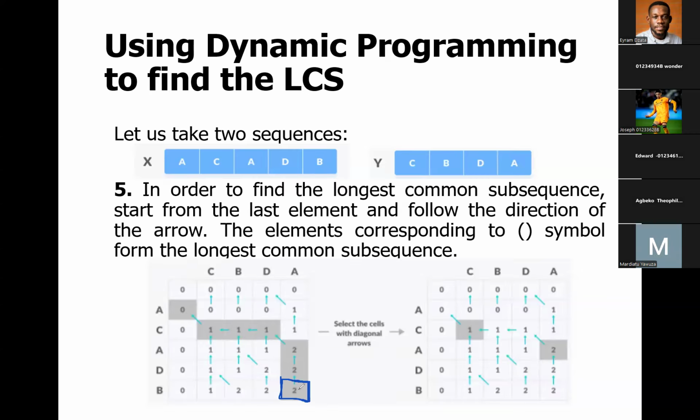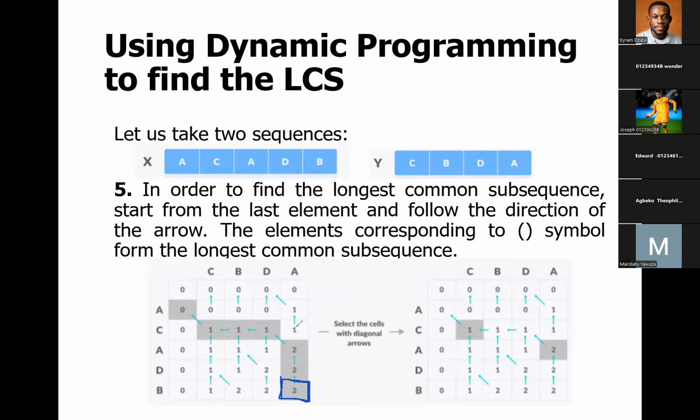Now, if you look at this carefully and you are following the arrow, that's another way to help you get the longest common sequence. So whilst you are filling the table and drawing the arrow, it makes it easier. But if you don't draw the arrow, then you have to use the backtracking logic to be able to complete it. Now, the logic is the same as the way we fill the table.